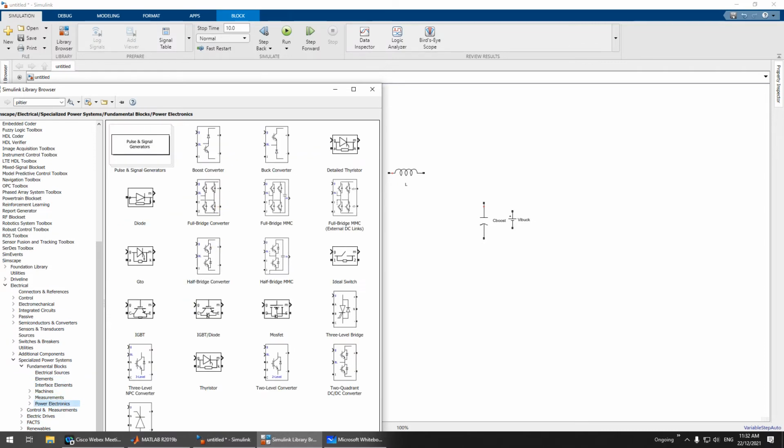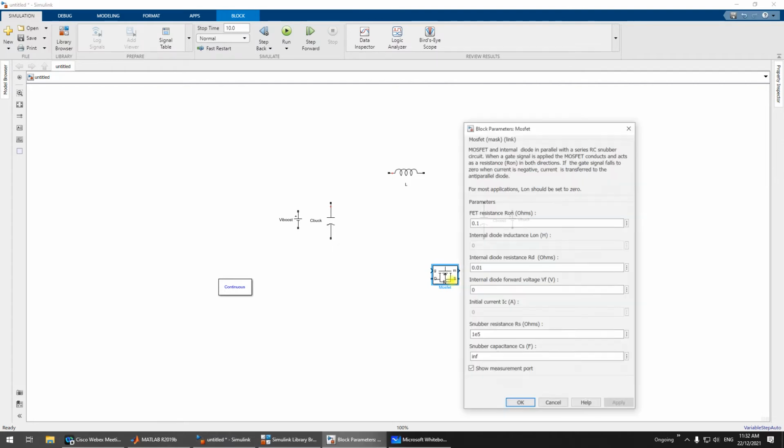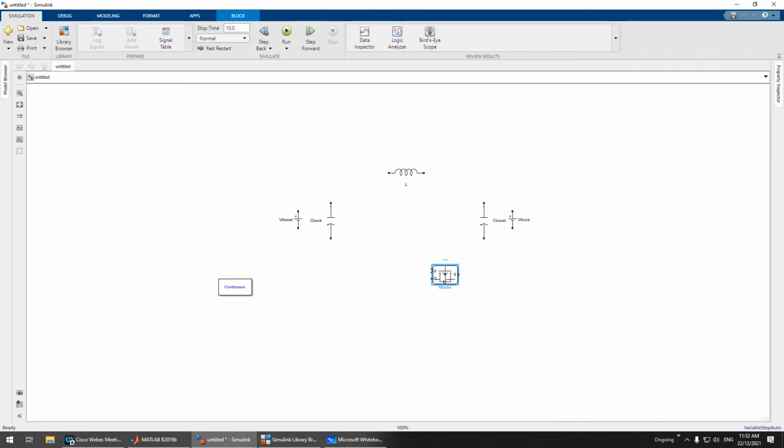Okay, Power Electronics goes to, sorry, no diode, you just use MOSFET here. You can see here the MOSFET already has a diode, so you can set the diode. For me, just remove the measuring port. The diode setting is here. Just apply and then rotate.